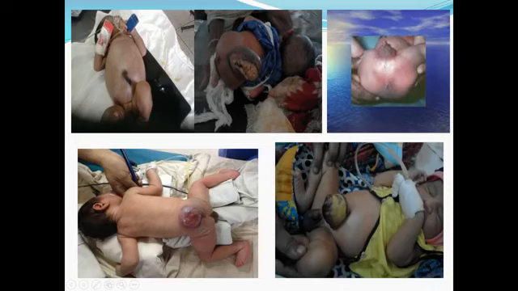This is myelomeningocele, a swelling over the lumbosacral region. This picture shows imperforate anus, that is anorectal malformation. There is no aperture in the perineum. Also a neonate showing a lumbosacral swelling, diagnosed as a case of myelomeningocele or meningocele.